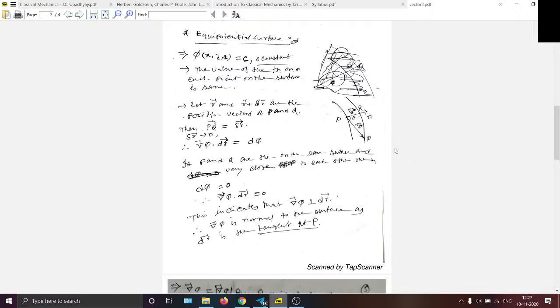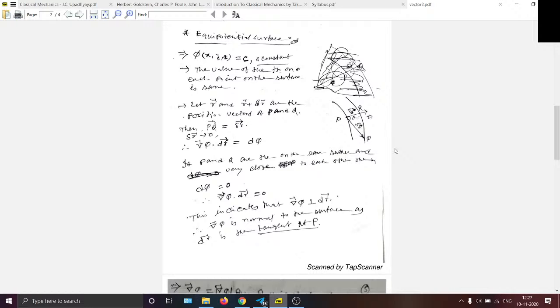That means grad phi points along the normal to the equipotential surface phi at point P.